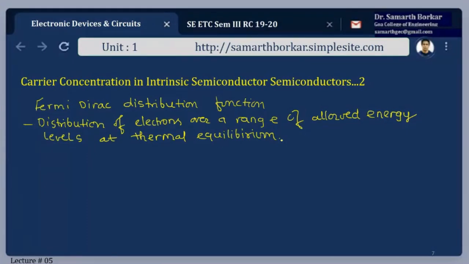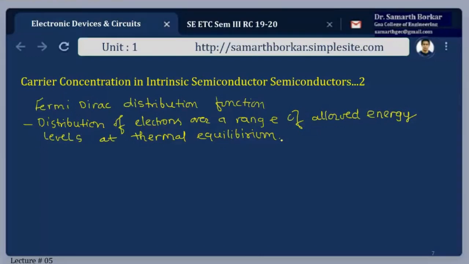For example, a simple example: if I take a conduction band, and in it there are say 100 energy levels, that means it can occupy 100 electrons. The Fermi-Dirac distribution function will give us the probability whether a particular energy level is occupied or not for a given temperature. We'll solve one problem based on this so you get a clear idea.